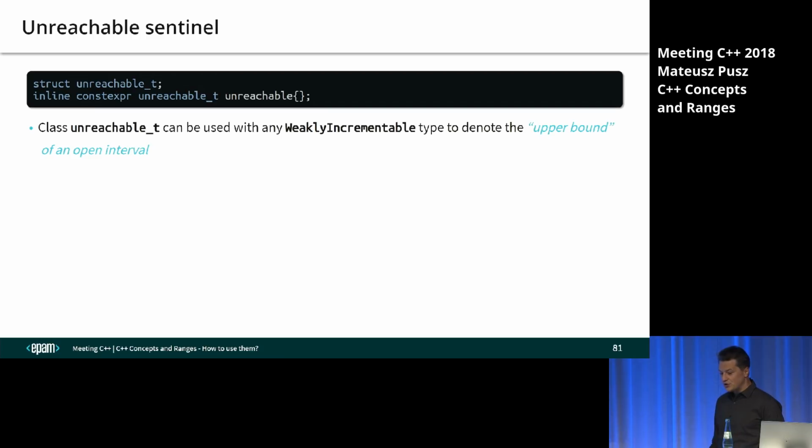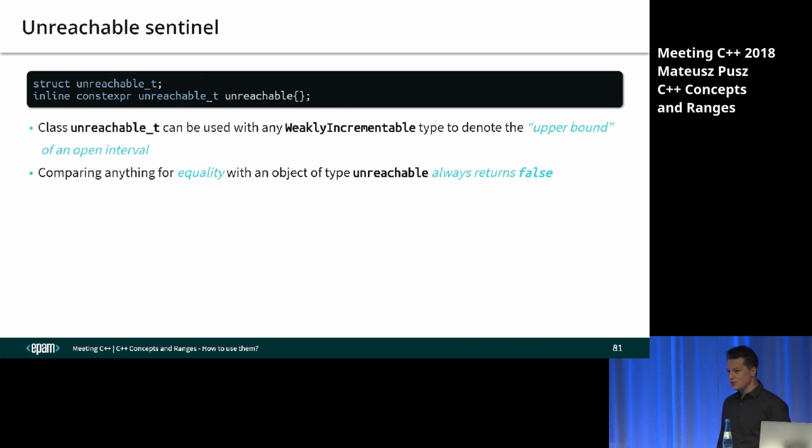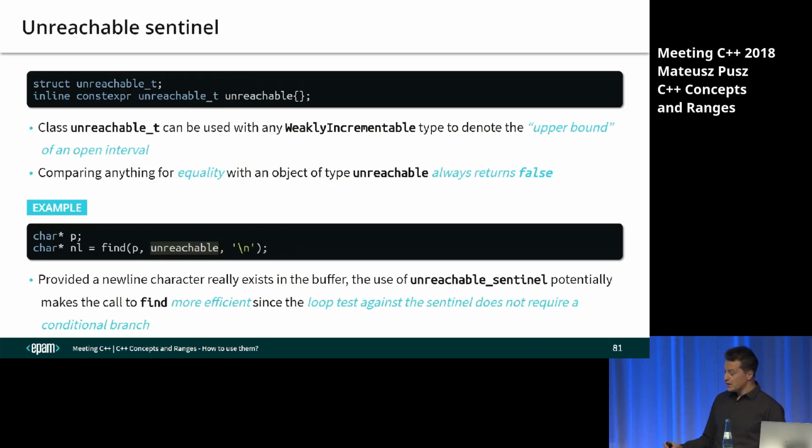Also, we have an Unreachable Sentinel class. Unreachable is used to denote the upper bound, and it's a strange type because for every comparison it returns false. It means that you can never reach the Unreachable Sentinel. It can be used in such a case that, for example, you have a string of characters here, and you're looking for the new line character in the string.